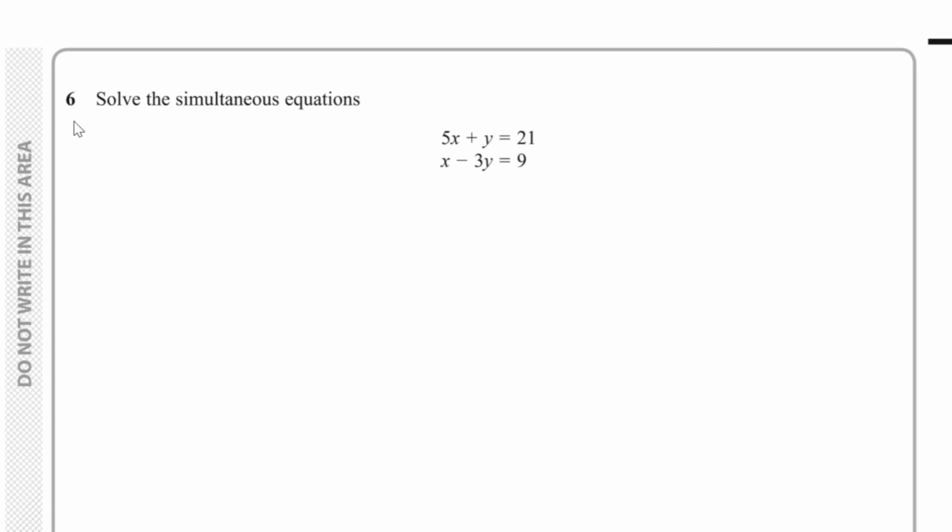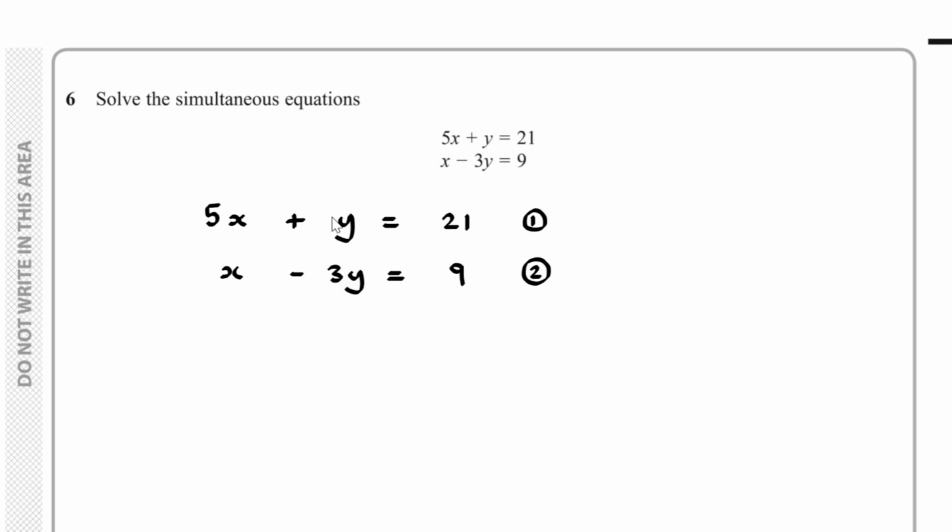Question number 6, we have to solve the simultaneous equations 5x plus y equals 21 and x minus 3y equals 9. Well, let's rewrite the equations. We've got 5x plus y equals 21, that's equation 1, and we've got x minus 3y equals 9, that's equation 2. What you will notice, if I take a look at the y's, the coefficient of y's are not the same, ignoring the signs.